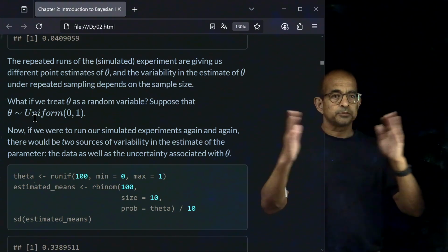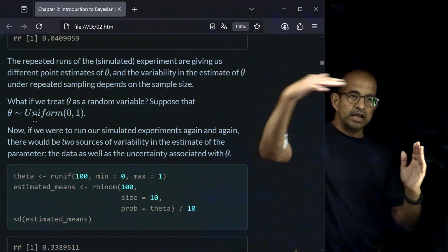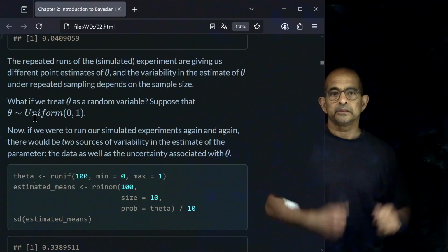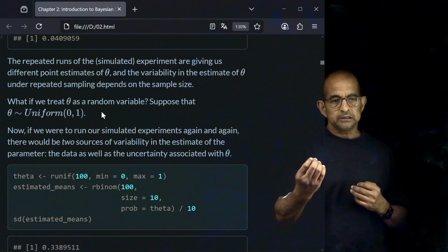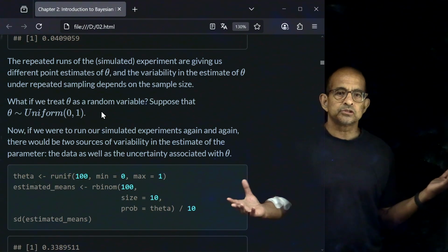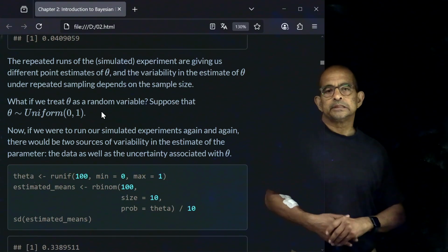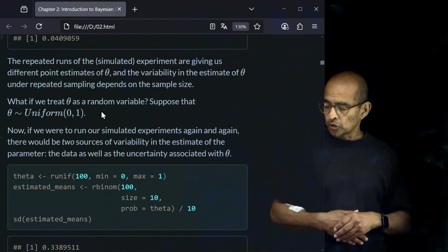A uniform distribution goes from 0 to 1, that's the support of the distribution, and every value between 0 and 1 is equally likely. So it looks like a rectangle. What that distribution would express as a belief is that all possible values of theta are equally likely, right? So that would be one example of a prior distribution on the theta parameter.